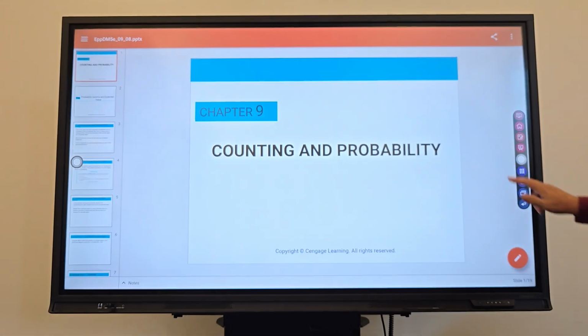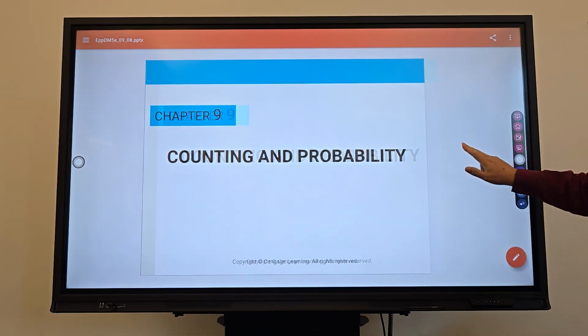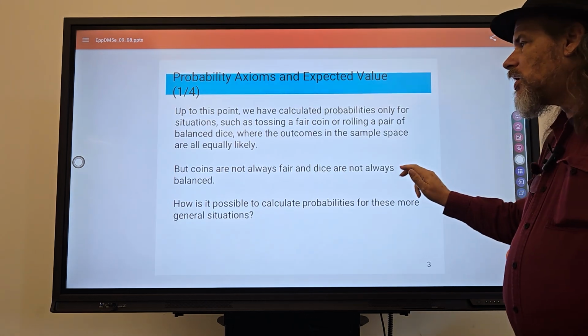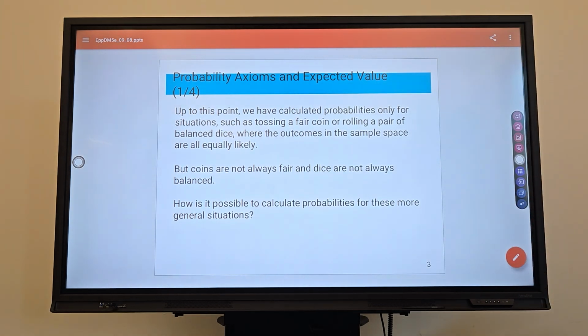The second section for the day is probability axioms and expected value. Up to this point, we have calculated probabilities only for situations such as tossing a fair coin or rolling a pair of balanced dice, where the outcomes in the sample space are all equally likely.